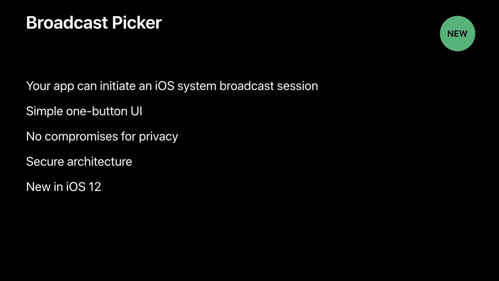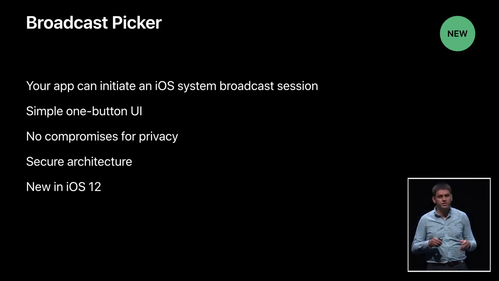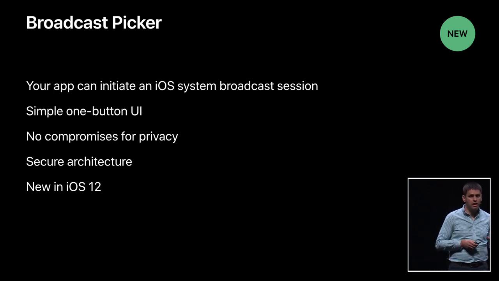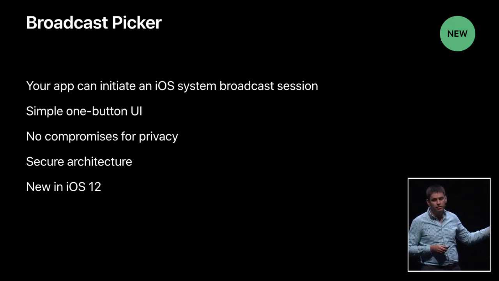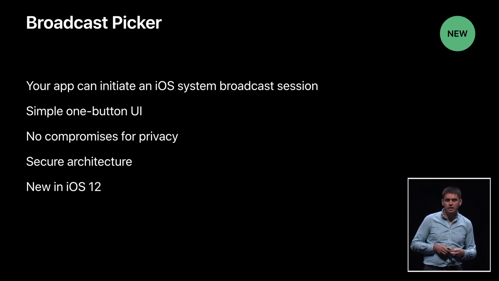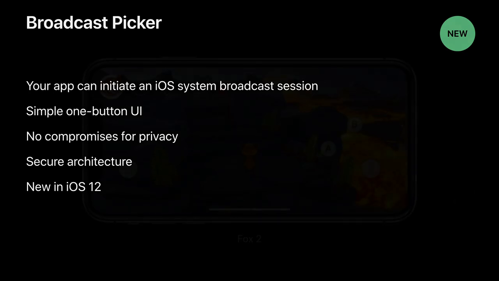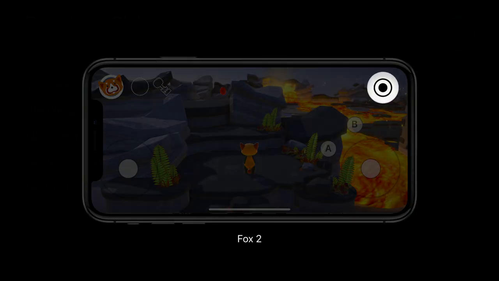So again, the System Broadcast Picker allows users to start the iOS system broadcast without leaving your application. And this is just a simple button in a view that we provide. And this is a new feature we're enabling in iOS 12. Here's an example of that. Here I have the sample app Fox 2, and I added this button at the top.